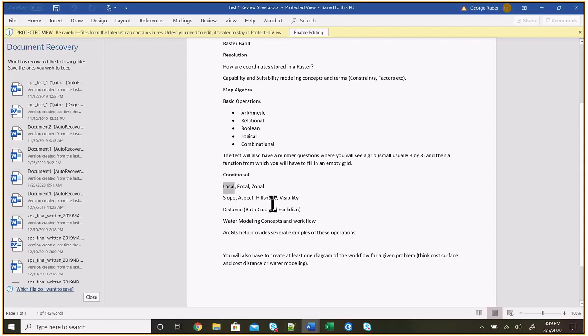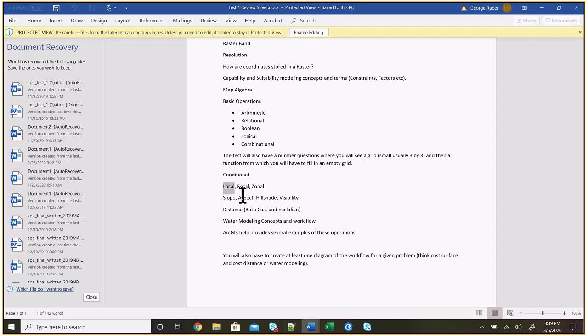You should be able to recognize the difference between a local, focal, and zonal operation. Okay. So local operations operate on a single cell at a time. Now that single cell, that's a single location. So if I add one raster to another, I'm looking at a single space per raster. So I can add 2 rasters together.